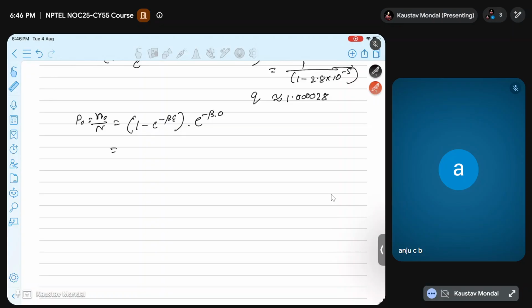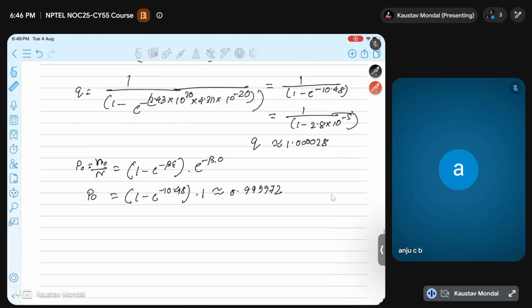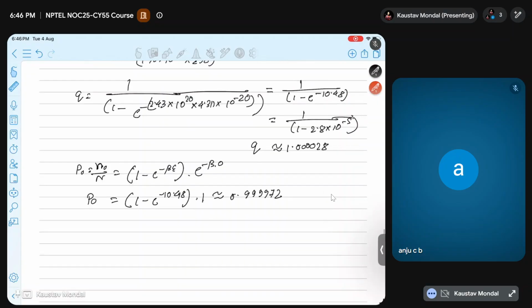So it will be 1 minus e to the power minus 10.48 into 1. This gives you the P0 value 0.999972. As you can see, for this particular temperature T equal to 298 Kelvin, most of the molecules are in the ground state. Okay.